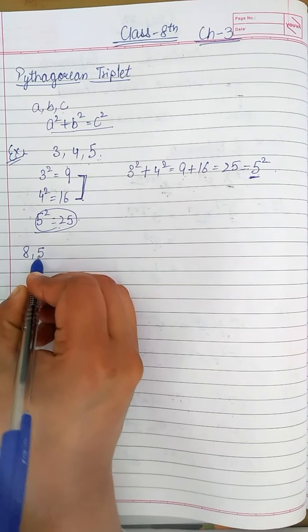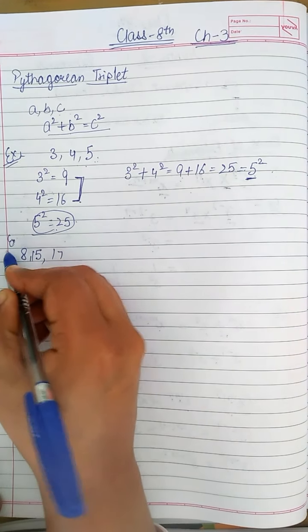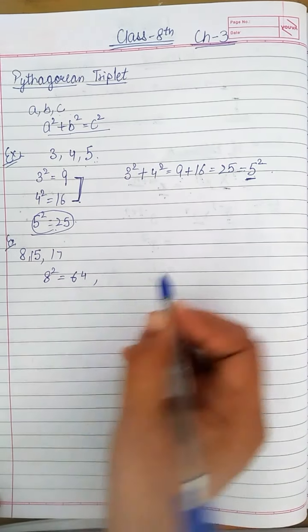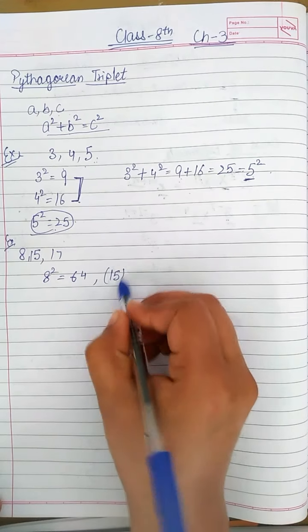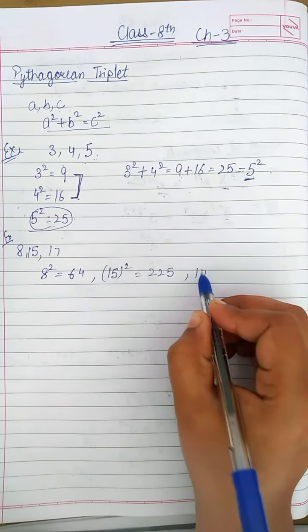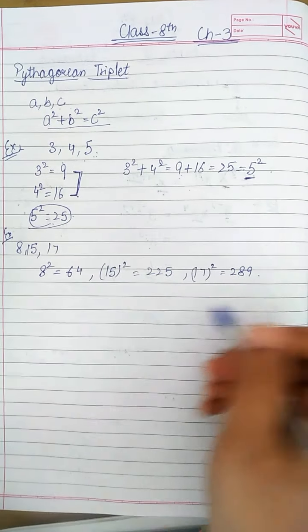Let us take one more example: 8, 15 and 17. Find the square of 8, which is equal to 64. Square of 15 is equal to 225 and square of 17 is equal to 289. Clear?